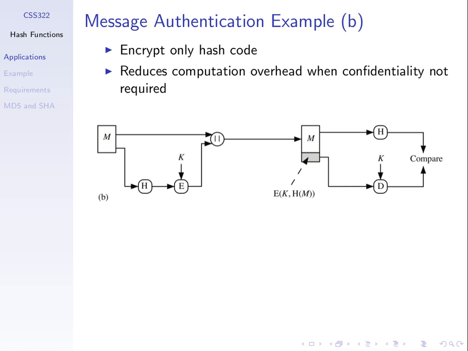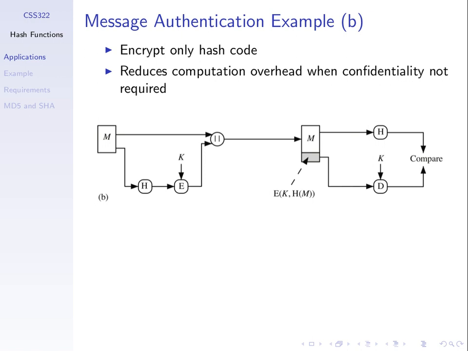Malicious user knows the message, they change it. Let's say the message was, please decrease Steve's salary by 10,000 baht. I intercept the message, and I change decrease to increase. Okay? So the new message, M prime, is please increase Steve's salary by 10,000 baht.